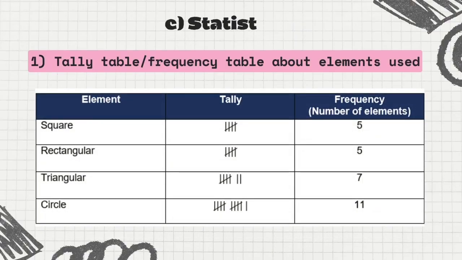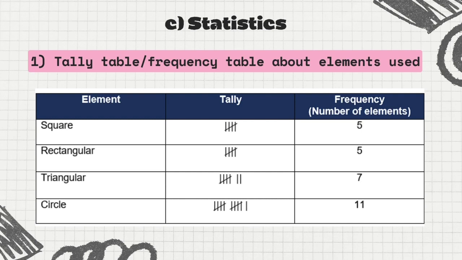Next, let's look at the statistics for this pop-up card. Referring to the mathematical elements mentioned earlier, which are calculations on numbers and operations, and measurements and geometry, we can make 3 statistics. The first statistic is based on the usage of elements found in the pop-up card.